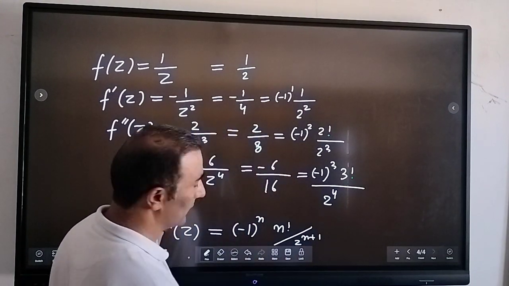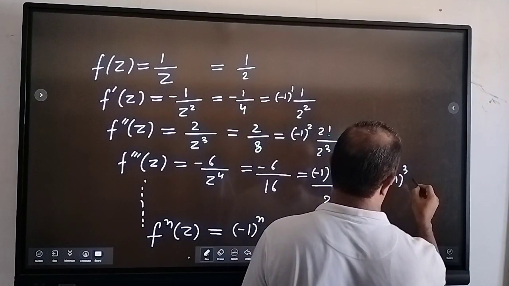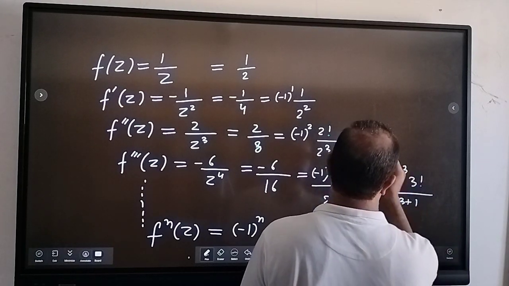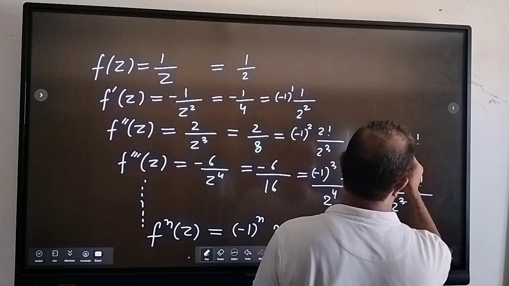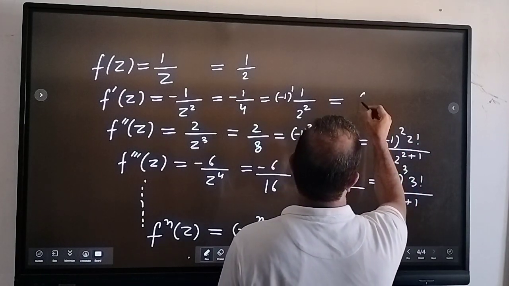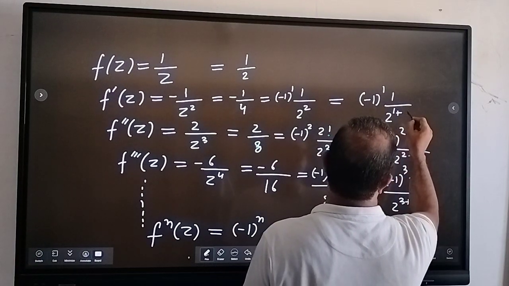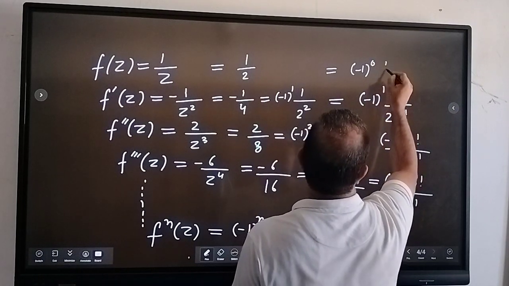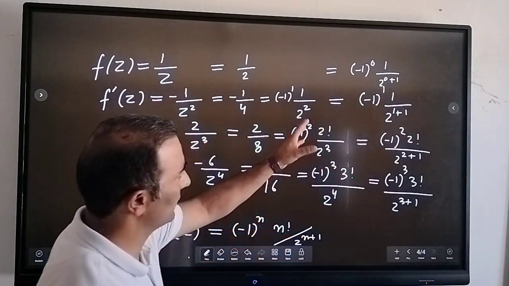Because when you calculate the third derivative here, you can put it like this, that's minus 1 cubed.